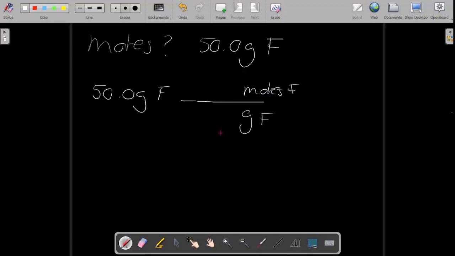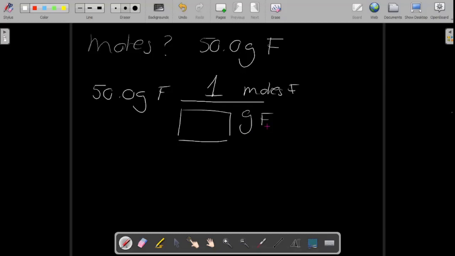What do we know? We know that the same amount of grams as the atomic mass unit for that element will be 1 mole of that element. That's what it said in our definition. So 1 mole of whatever substance, of whatever atom, has the same number of grams as the atomic mass unit that you find in the periodic table.